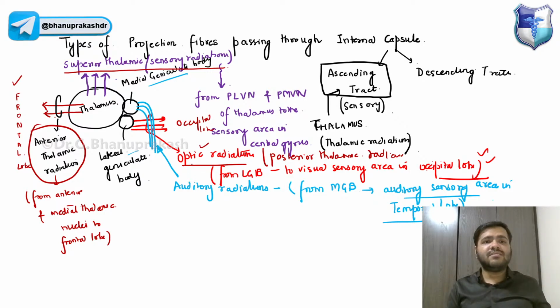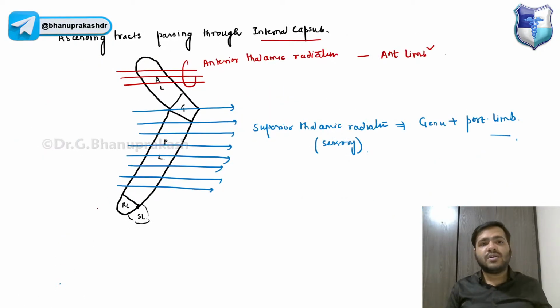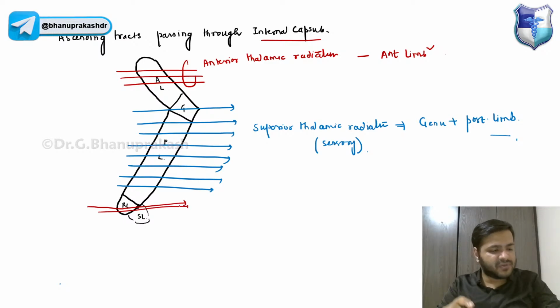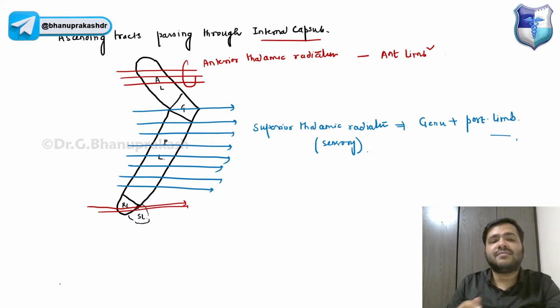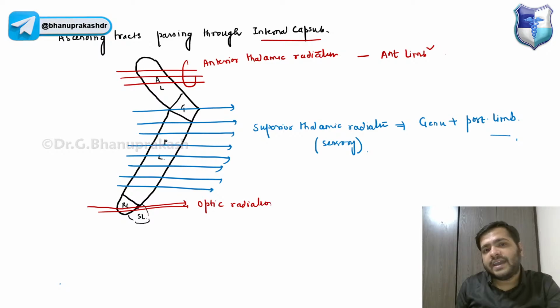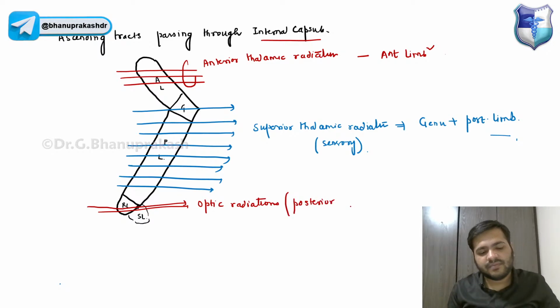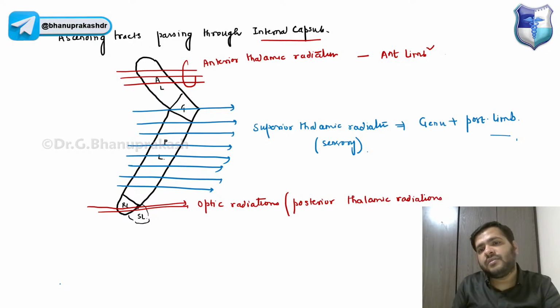So the optic radiations pass through the most posterior part, and that is the retrolentiform part.